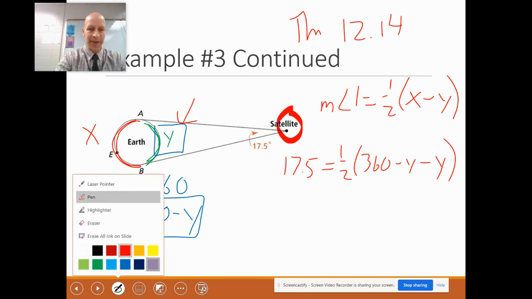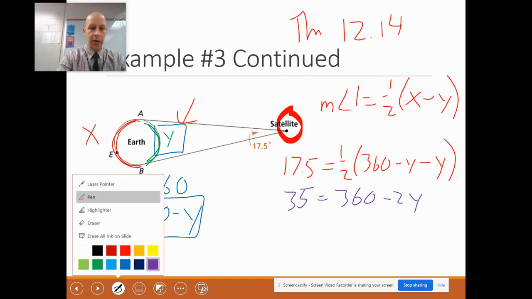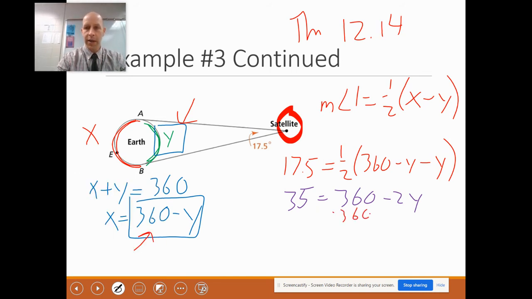All right, so let's go ahead and solve this. Again, I'm going to multiply both sides by 2. I'm going to do 17.5 times 2. I'm going to use my calculator here just to make sure I don't screw anything up. And I'm going to get 35 equals, and of course, since I multiplied both sides by 2, that 2 is now gone. And minus y is minus 2y. Now I'm going to subtract 360 on both sides. Maybe I'll show a little bit of work there. So I'm going to minus 360, minus 360.